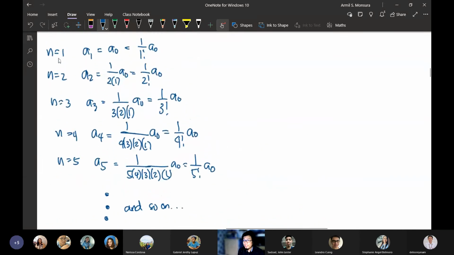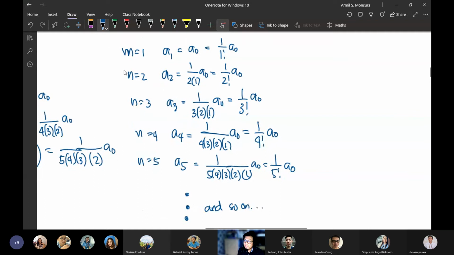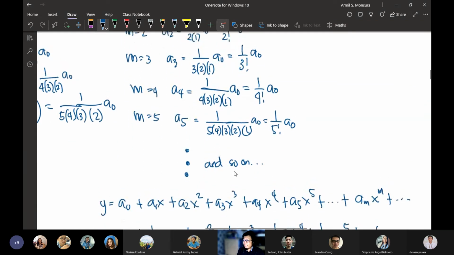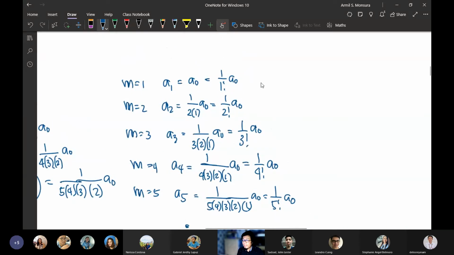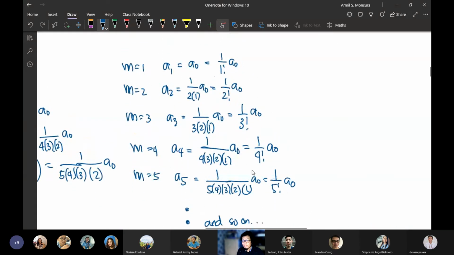Dapat pala m ang ginamit ko dito. Okay. Which makes us think that ang nth term natin here is 1 over m factorial times a0 times x raised to m. Nasundan ba to? Ayan nyo, 1, 1.